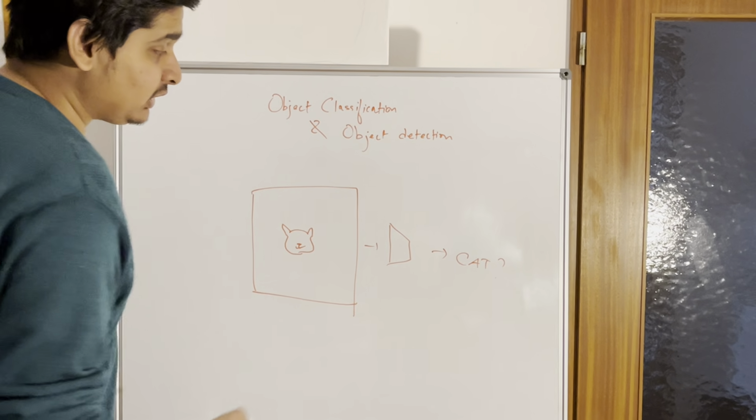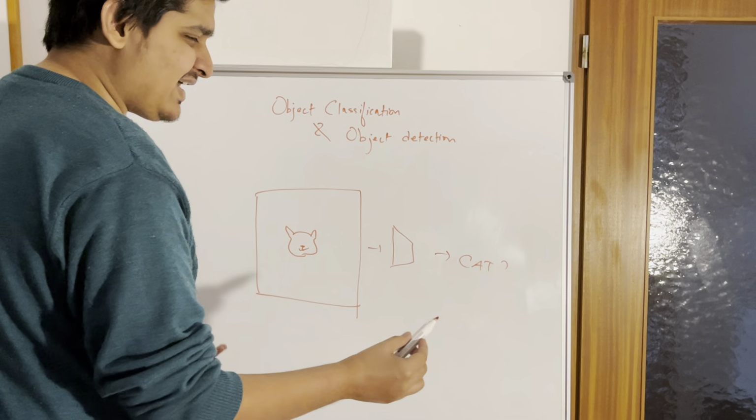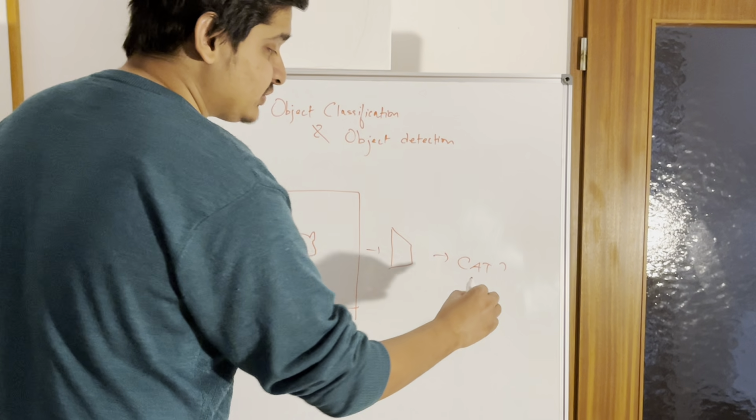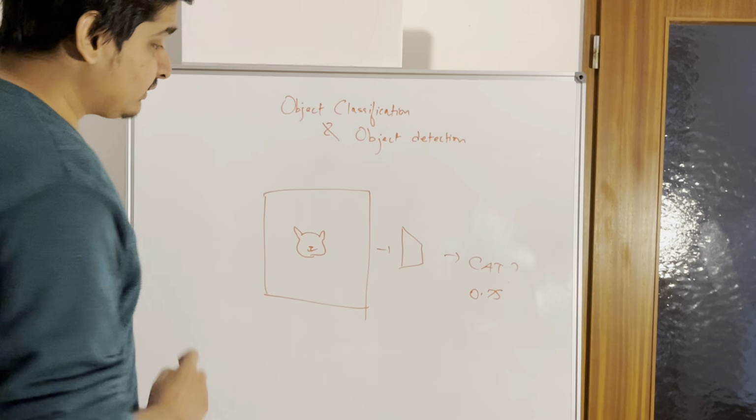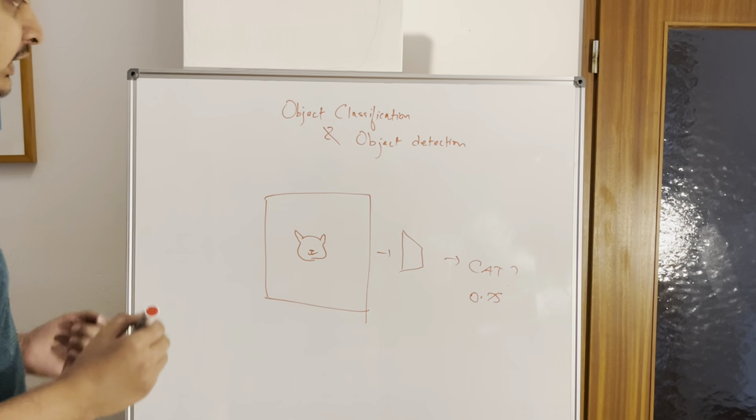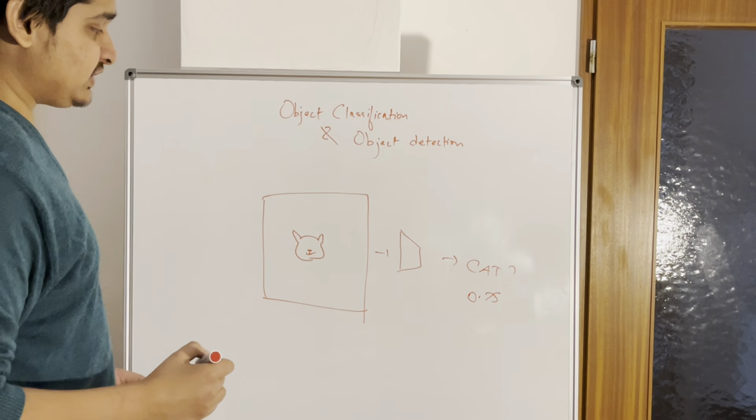And what does this model tell you? That yeah, I am say 75% sure that yeah, this is a cat. Cool. This is object classification.